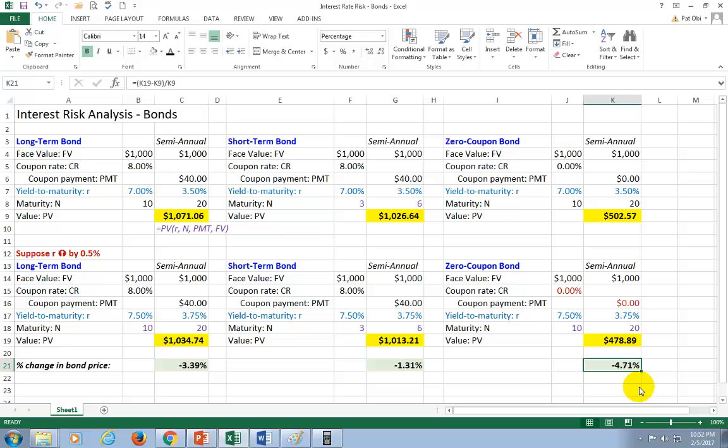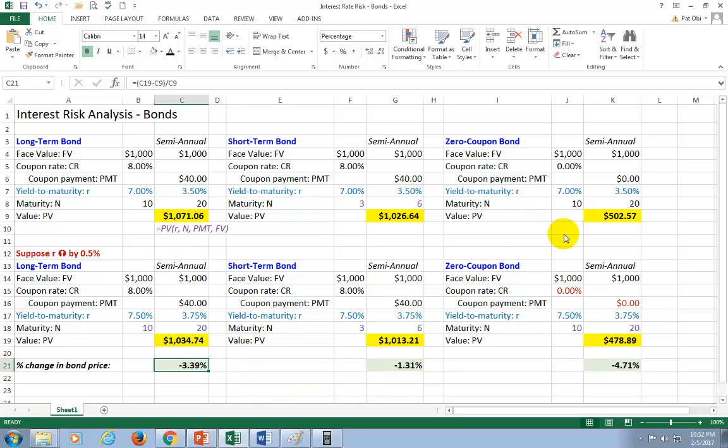So as you can see, the longer the maturity of a bond, other factors equal, the greater would be the adverse impact that an increase in interest rates would have on the value of the bond.